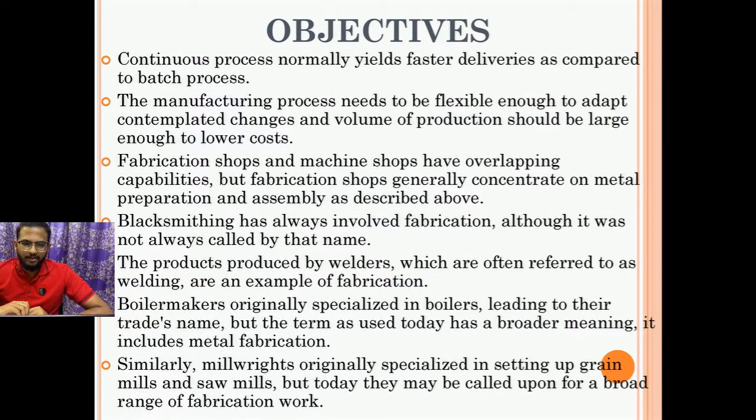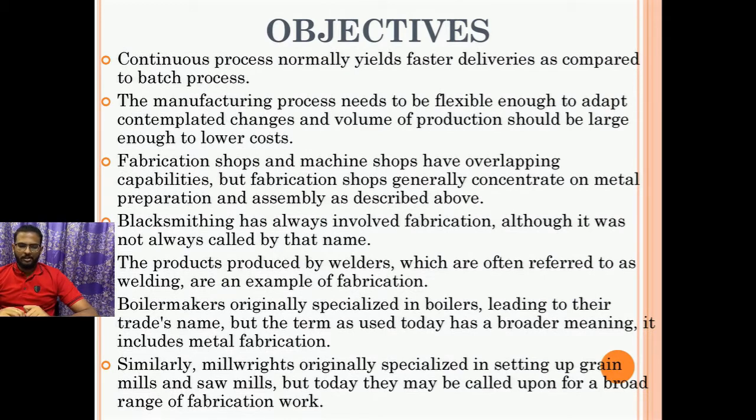The first thing is continuous process normally yields faster delivery as compared to batch process. The manufacturing process needs to be flexible enough to adapt to contemplated changes, and volume of production should be large enough to lower costs. Fabrication shops and machine shops have overlapping capabilities, but fabrication shops generally concentrate on metal preparation and assembly as described above.